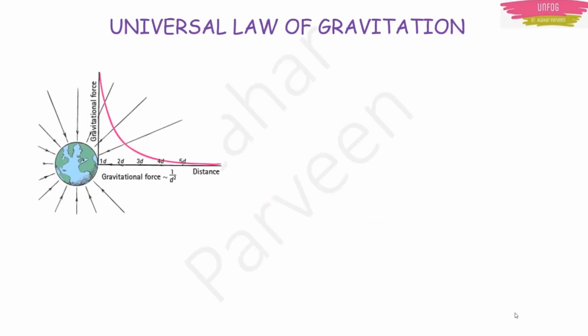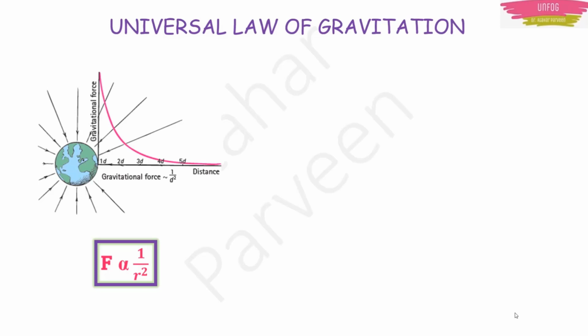Now moving on, in the universal law of gravitation we said that force is inversely proportional to the square of the distance between them, right? If I want to draw a graph on this, I put gravitational force on the y-axis and 1 upon d square on the x-axis. Then I get a curve like this.